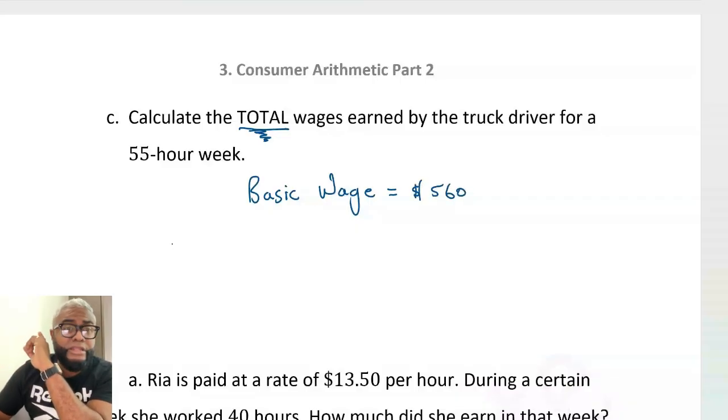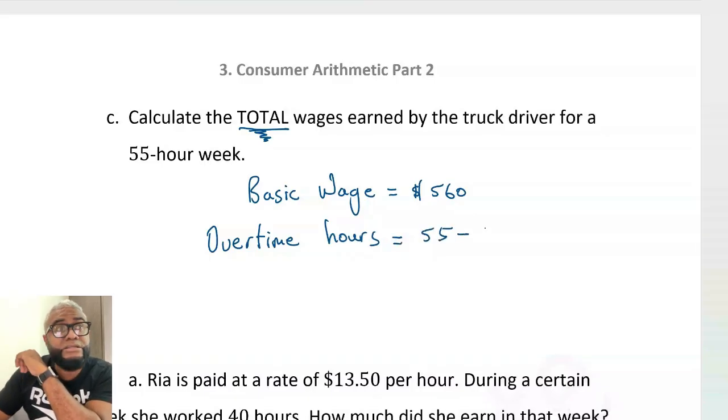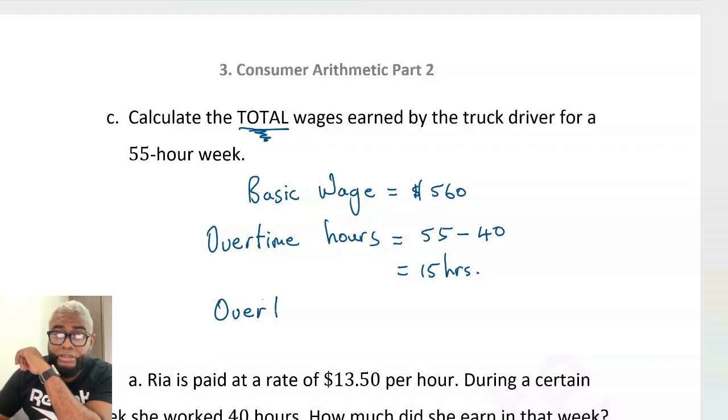So let me work out the overtime hours. It will be 55 minus 40, which will be 15 hours. Then we can now proceed to work out our overtime wage.